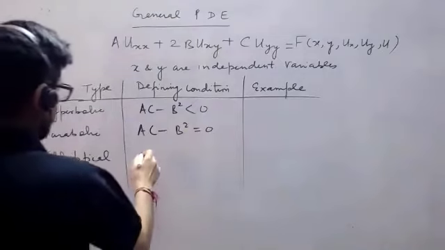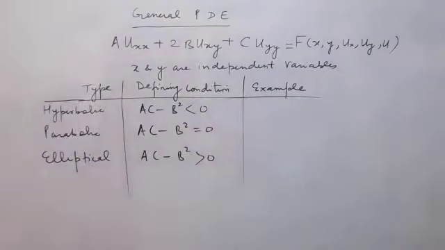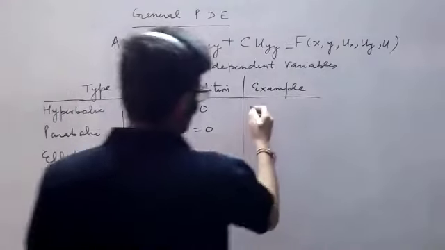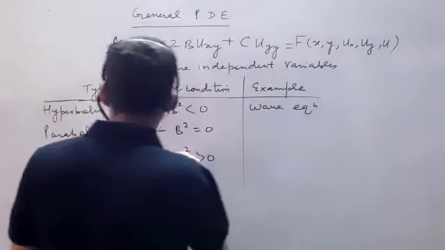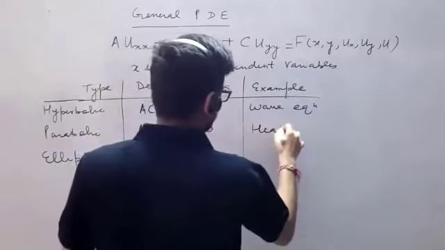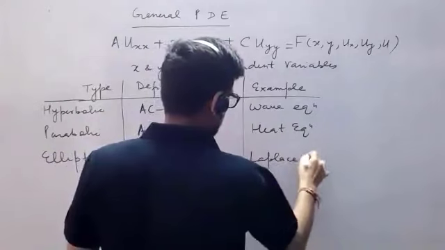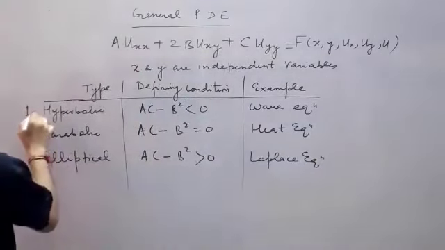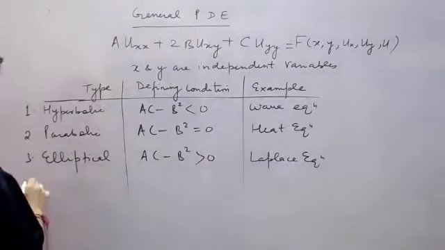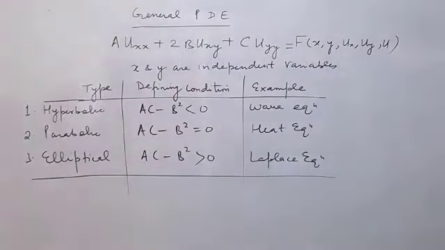And if AC minus B square is greater than 0, then the equation is elliptical. And what are the examples? This can be the wave equation, which we did, then the heat equation, and then the Laplace equation. So this is the general categorization of PDEs into these three forms.